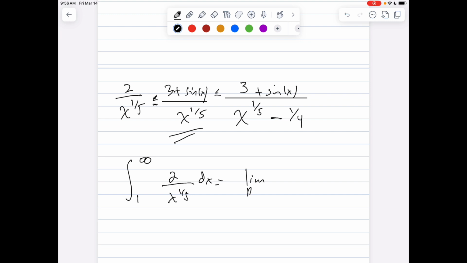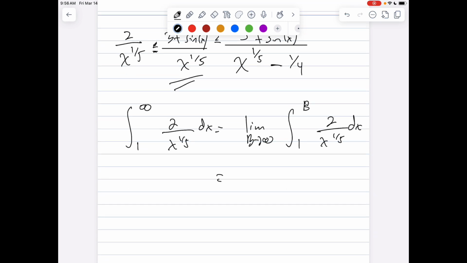So limit as b goes to infinity. I'm going to rewrite this in the notation that we often use for an improper integral. And we will integrate, and you would get x to the 4/5 times 5/2, if I'm not mistaken here.